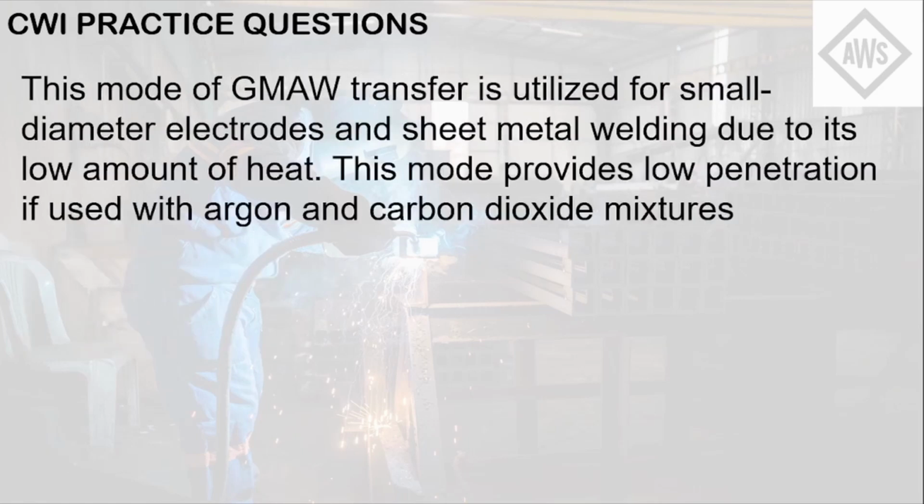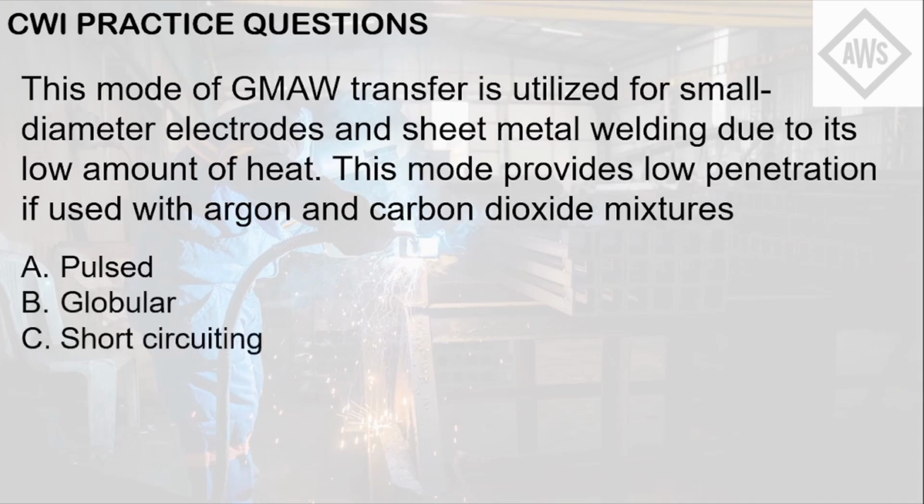Next question. This mode of GMAW transfer is utilized for small diameter electrodes and sheet metal welding due to its low amount of heat. This mode provides low penetration if used with argon and carbon dioxide mixtures. Letter A, pulse. Letter B, globular. Letter C, short circuiting.